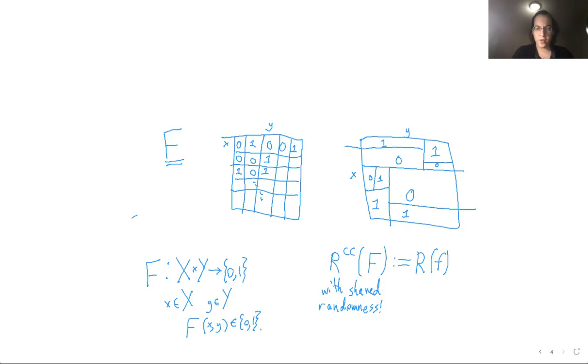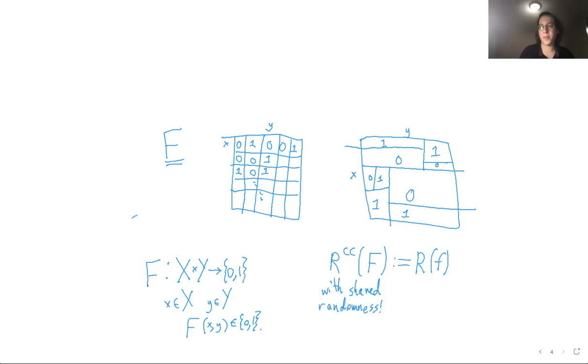And of course, a partition of this type, a recursively nested partition of the communication matrix, represents a deterministic communication protocol. So a randomized communication protocol can be represented by a probability distribution over these recursively nested partitions.